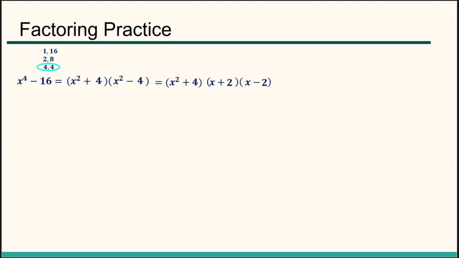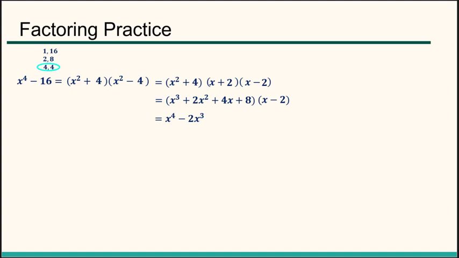So what I'm going to do is multiply the first 2 terms. I'm going to take that x squared plus 4 and multiply it by the x plus 2. So I have x squared times x, that's x cubed, x squared times 2, that's 2x squared, 4 times x is 4x, and 4 times 2 is 8. Then I need to write down my other factor, and I have to multiply all of that out as well. So multiplying that x cubed by that x, that's x to the 4th.